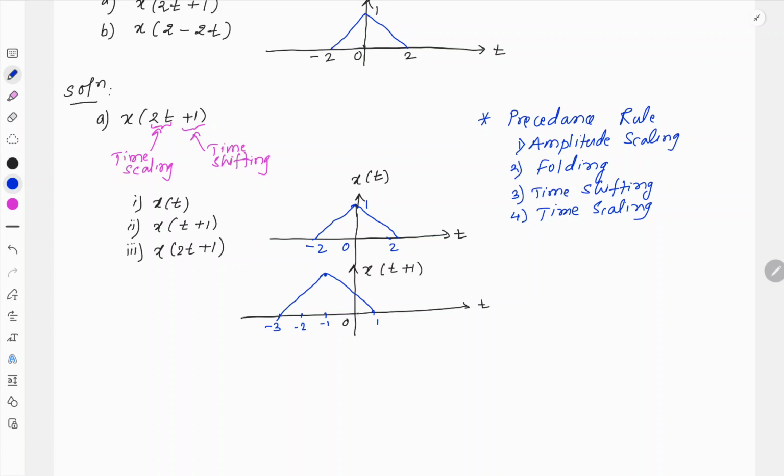This signal is shifted by an amount 1 towards the left-hand side, that is towards the negative axis. So this becomes our x of t plus 1. Now the next task is to draw the third condition, that is x of 2t plus 1.